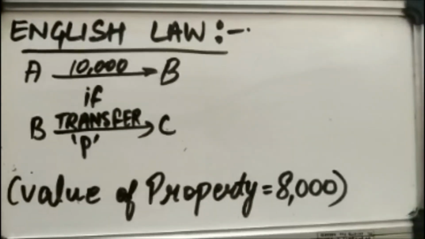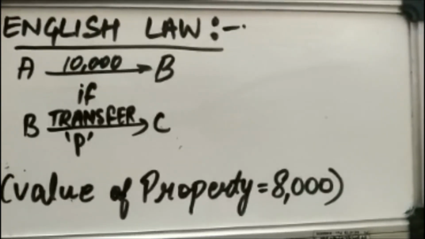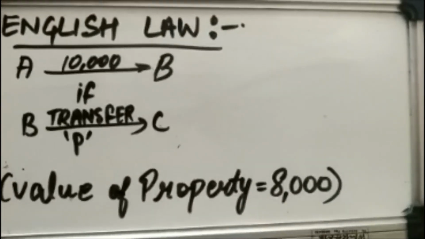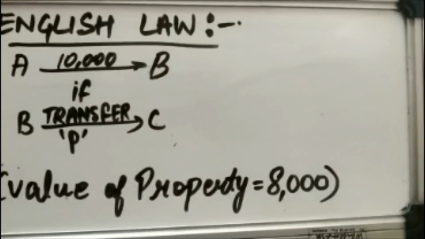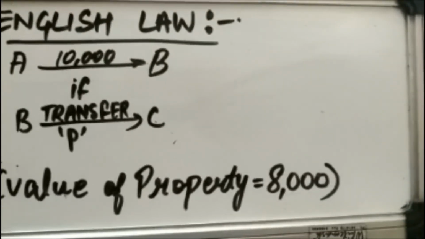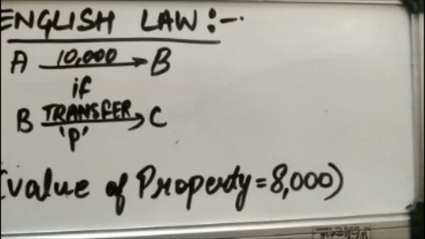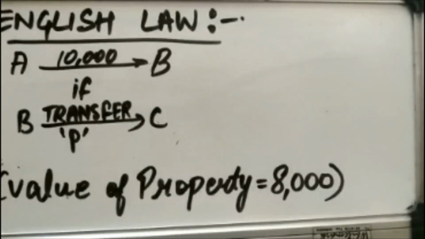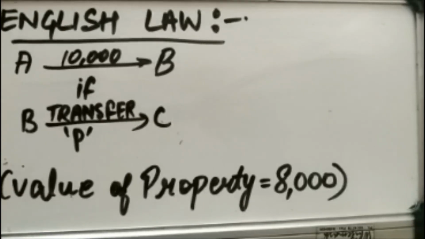If B elects not to transfer the property, under Indian law, the burden of compensating C, the disappointed transferee, is upon A. But under English law, the owner can keep 10,000 rupees as well as elect not to transfer the property. But in such case, the owner has to compensate the disappointed transferee, and therefore he has to pay 8,000 rupees to C.